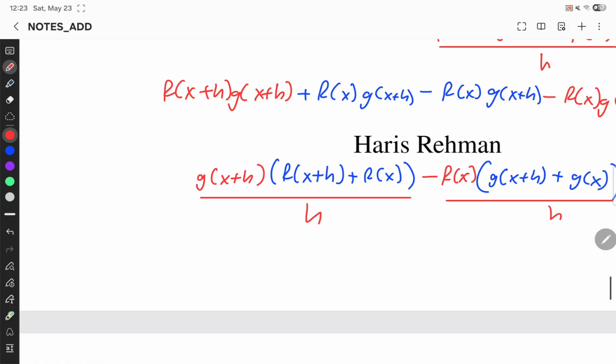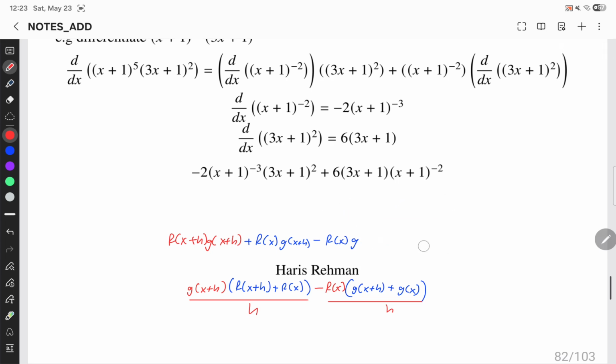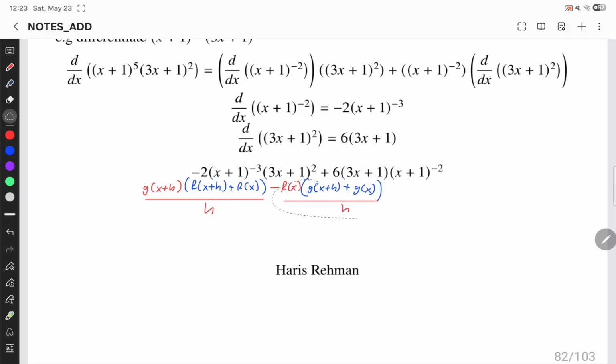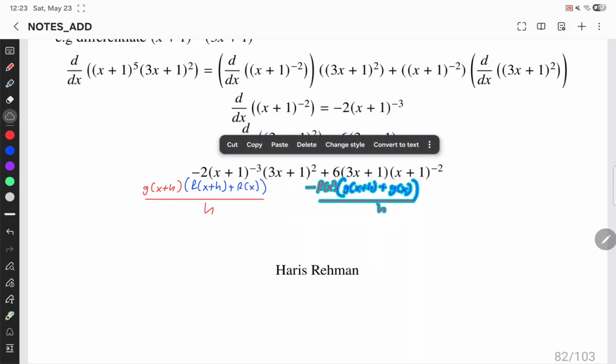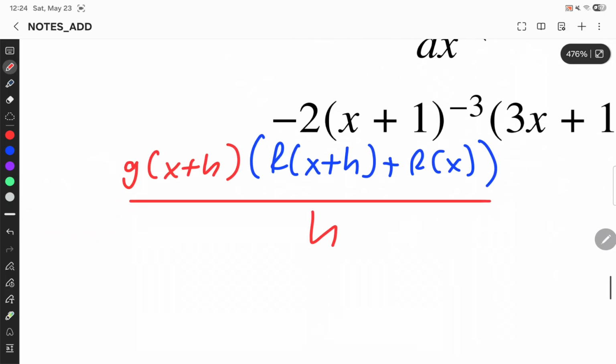Now this is all under our limit. We can break this limit into two limits thanks to this fraction. Let's deal with this first. Now here I have made a little mistake.